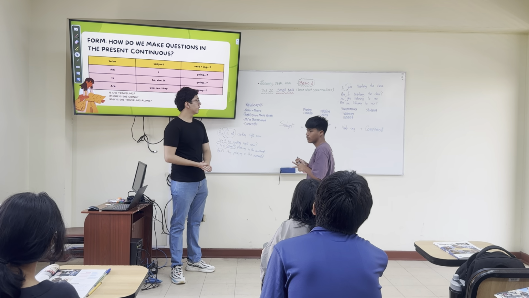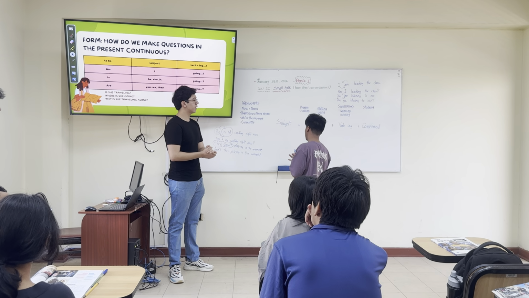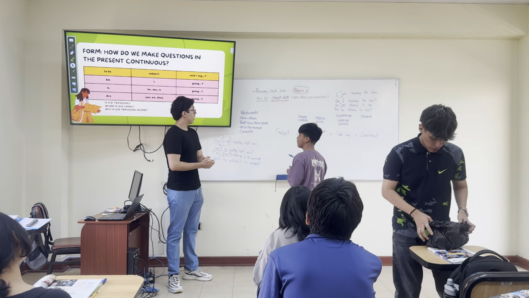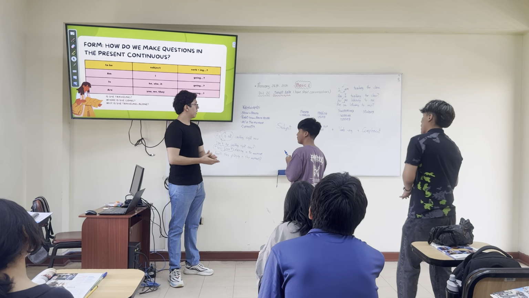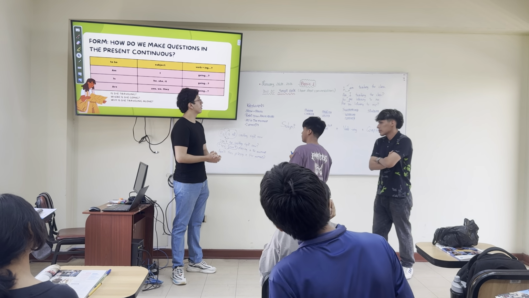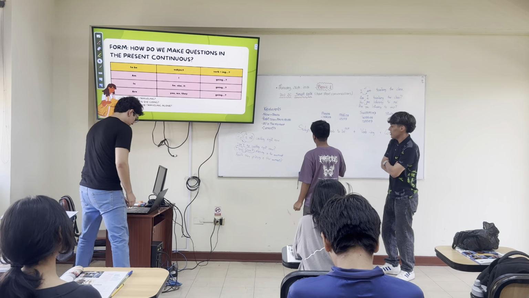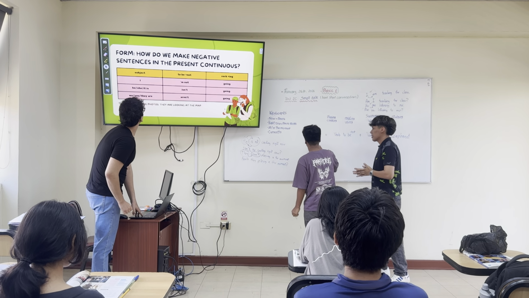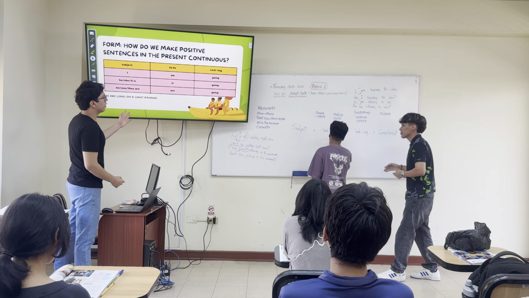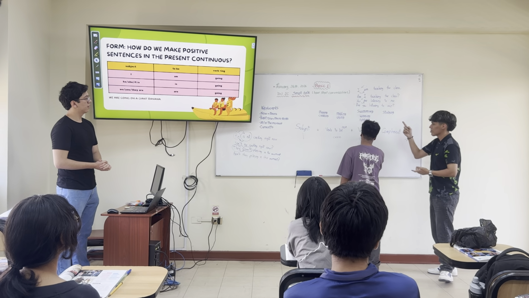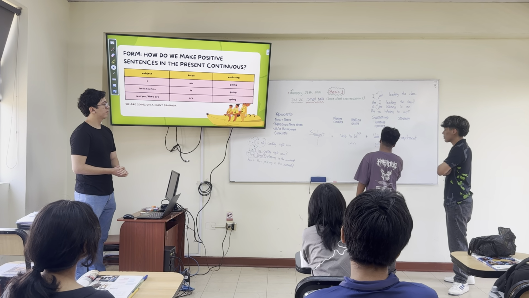Okay, the first thing you're going to do here is write an affirmative sentence with present continuous. Please, if you know how to do it, here you have the chart. Correct.